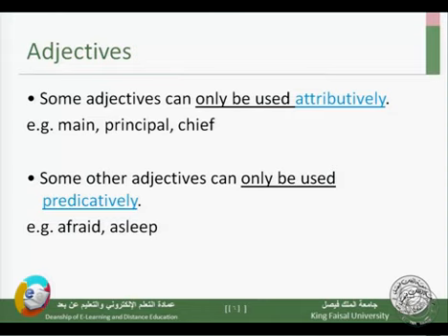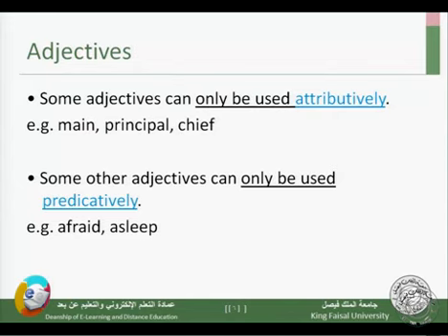There are also other adjectives that can only be used predicatively. Adjectives like afraid and asleep are called predicative adjectives. They only appear as predicative adjectives. So we say the man is afraid, my brother is asleep, but we can't say the asleep man is here.